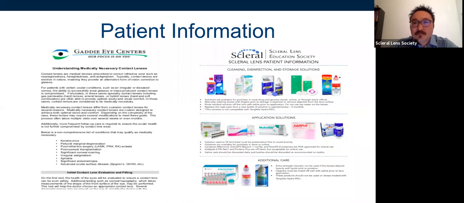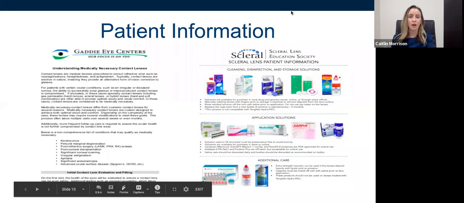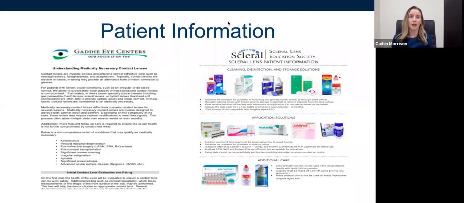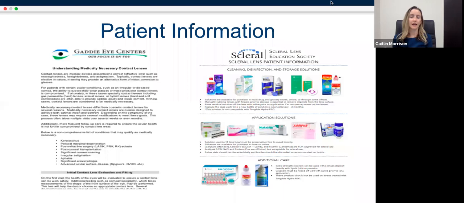Yeah, so I have this on the handout that you'll get at the end with specifics as well. But basically, obviously, you need a scleral lens fitting set. And if you don't know which one to get, we'll talk about that a little bit later. Saline solution to fill, insertion and removal plungers, and cleaning solution.